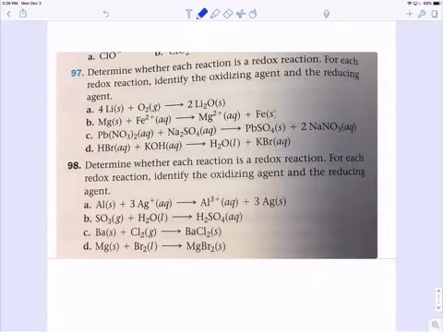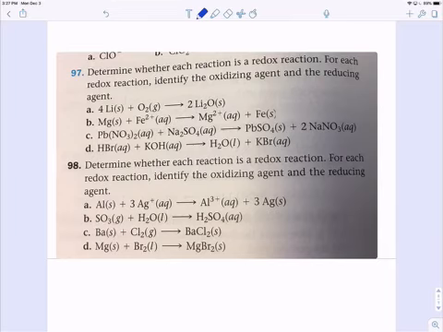Okay, determine if each reaction is a redox reaction. Redox is reduction-oxidation, or oxidation-reduction. For each oxidation-reduction reaction, identify the oxidizing agent and the reducing agent. Oxidation means loss of electrons, reduction means gain of electrons. If I lose my electron, I've been oxidized.